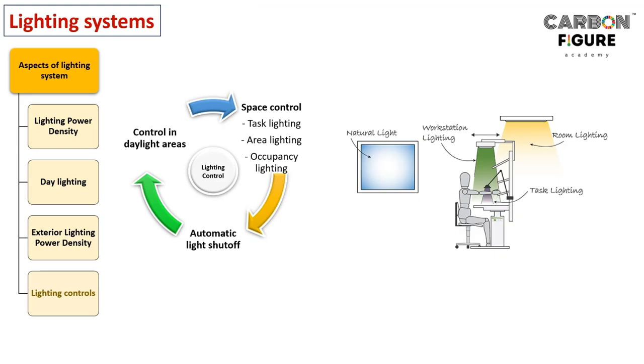So now you can understand that with respect to lighting controls, you should have immediate access to turn on and off all these three different lightings, so that each and everyone can say, okay, for me this much lighting is enough right now, so I just shut off the workstation lighting. I don't want that much. I can work with this task lighting itself. So that is what the lighting control specifically intends.